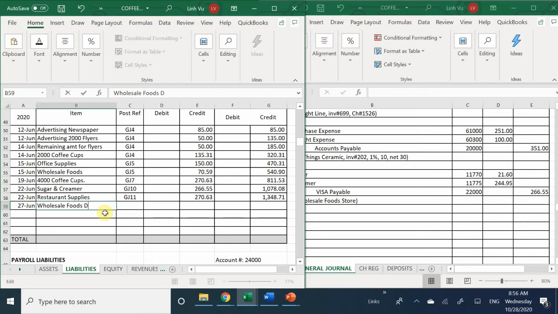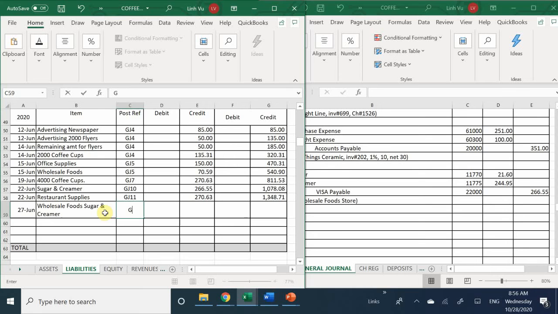General Journal 17. It was for 244.95. Don't forget the sugar.